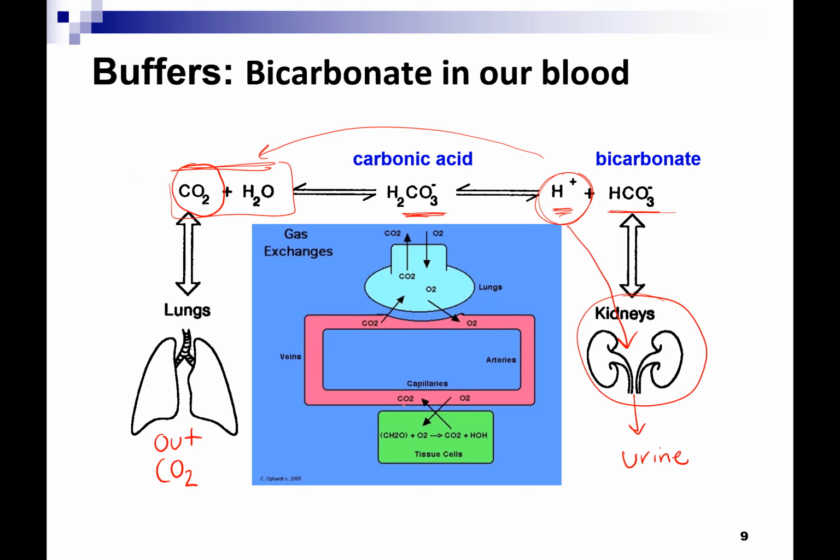They're going to take CO2 out of your cells, and it leaves through your lungs. And oxygen comes in, and we have this gas exchange, right? Gases go by simple diffusion, so they can just move right on out of cells when the CO2 concentration is too high.